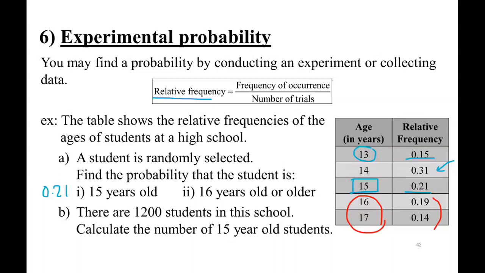They have no intersection because I cannot have a student aged 16 and 17 at the same time. So therefore, the probability is the sum of their probabilities. So over here, it's 0.19 plus 0.14, which is equal to 0.33.